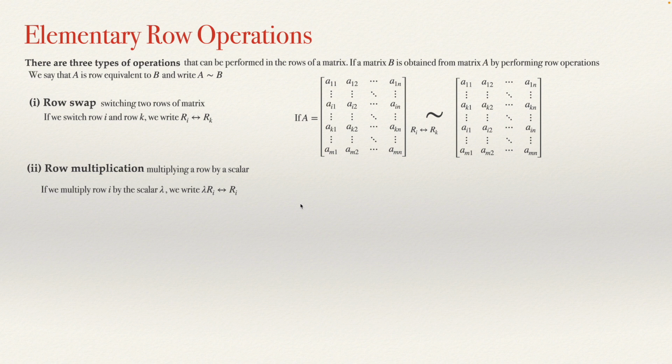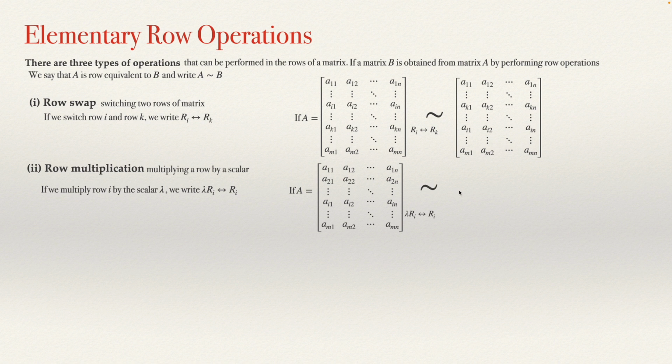So for example, if we have a matrix A like this, all similar to the previous one, but we are going to be focusing on the row I. And if we write beside this matrix this operation, it means that the row I, so this row, will be multiplied by lambda. So we're going to change this row, and the rest of the matrix will stay the same.